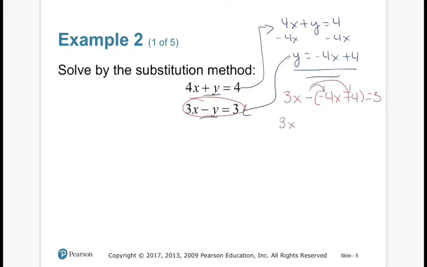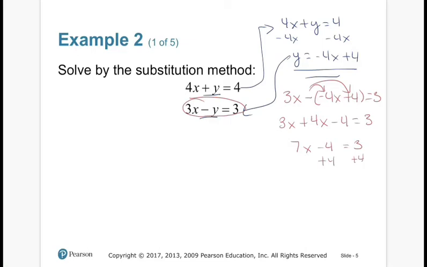So I have 3x. A negative times a negative is a positive, so I have positive 4x. A negative times a positive is negative 4, is equal to 3. 3x plus 4x is 7x. So it's 7x minus 4 is equal to 3.